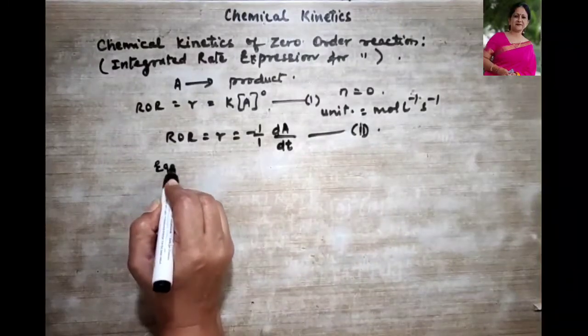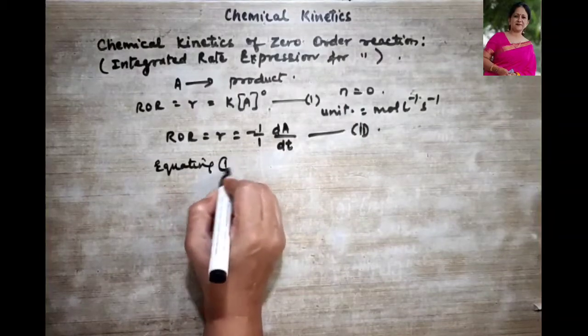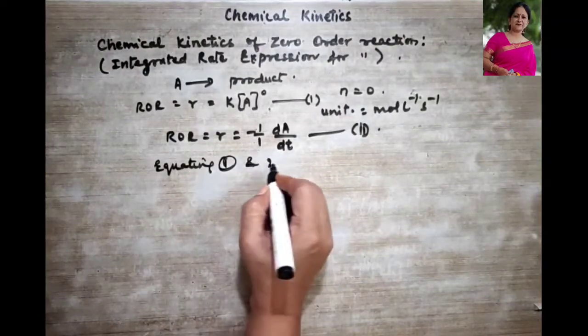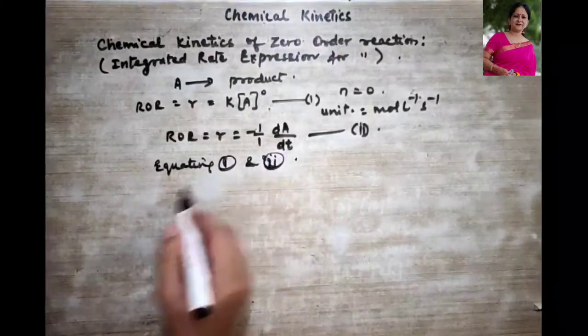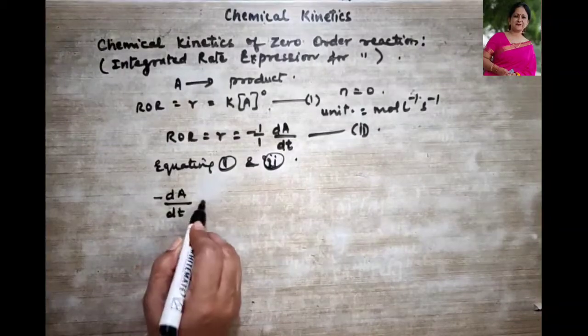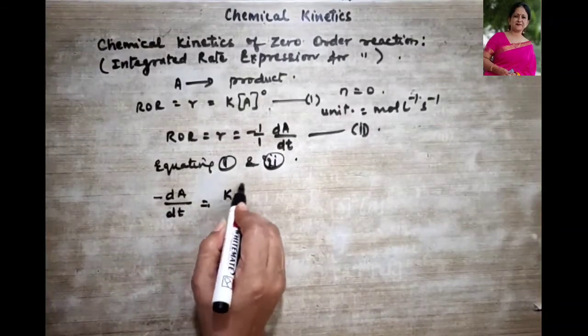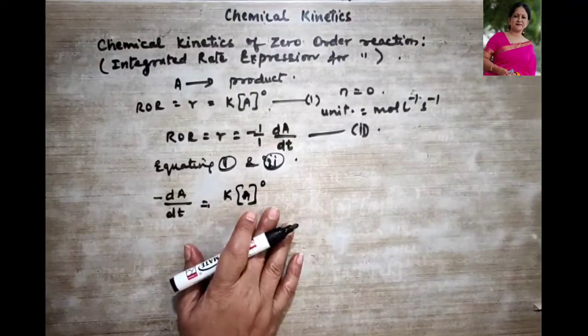Now let us equate equation 1 and equation 2 over here. So what are we going to get? Minus dA upon dt is equal to k[A] to the power of 0.